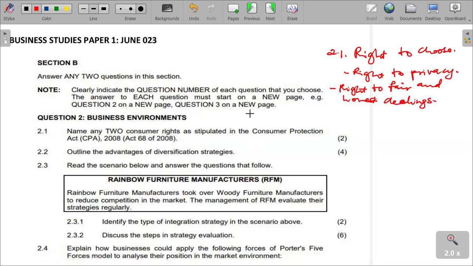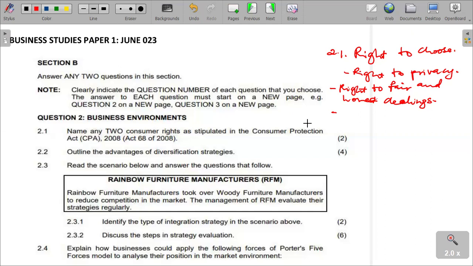Consumers have the right to honesty, to fair and honest dealings. The information that they are receiving must be honest, it must be logical, it must be transparent, it must be non-biased. So right to fair and honest dealings with their businesses.